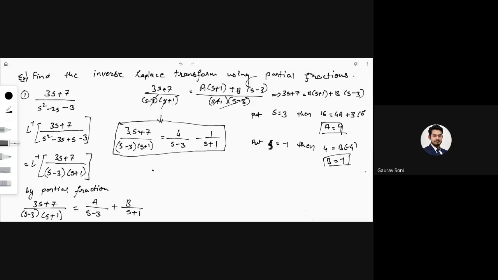So Laplace inverse of (3s + 7) upon (s minus 3)(s plus 1) will be equal to Laplace inverse of 4 upon (s minus 3) minus 1 upon (s plus 1).